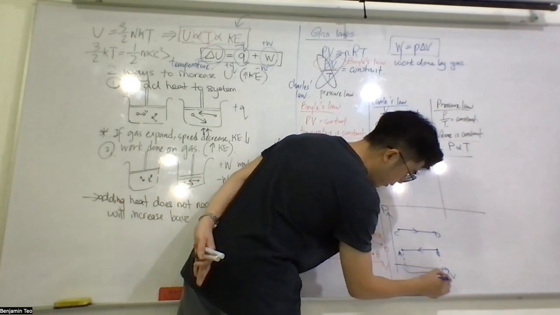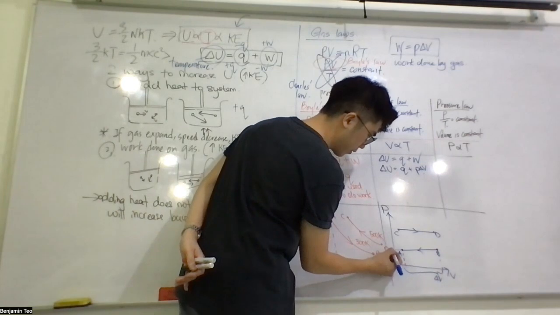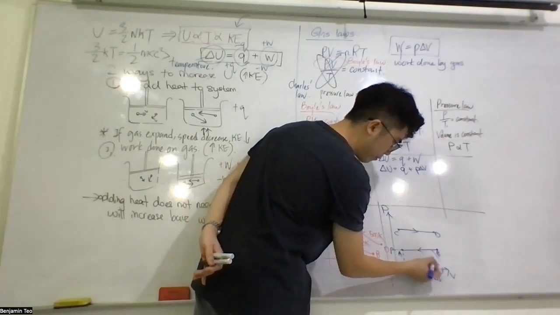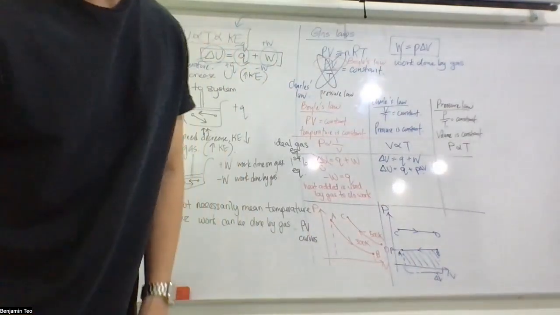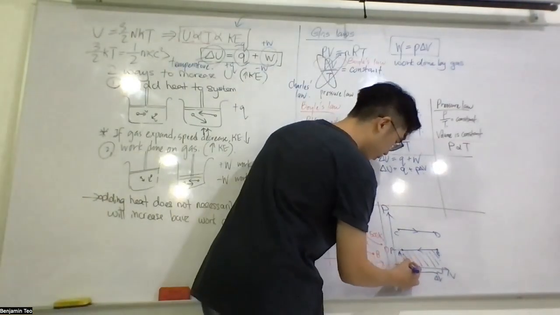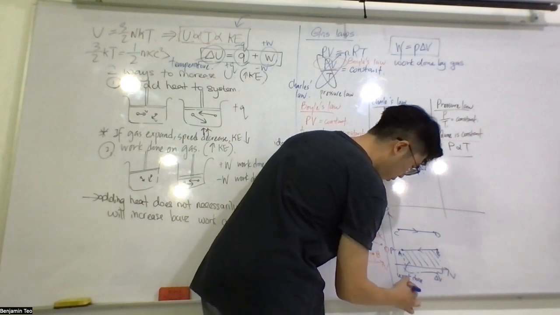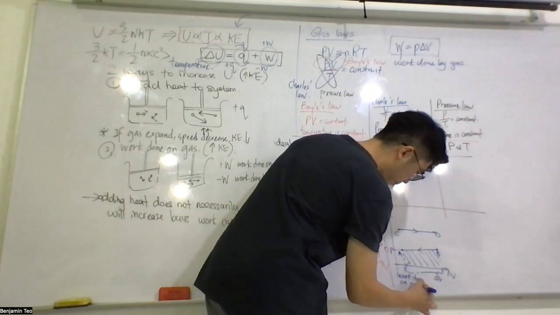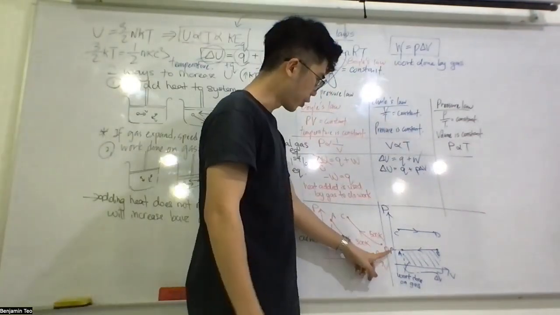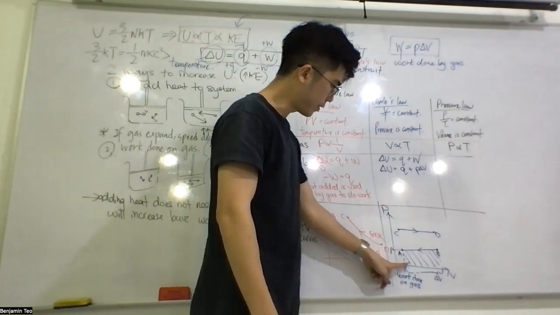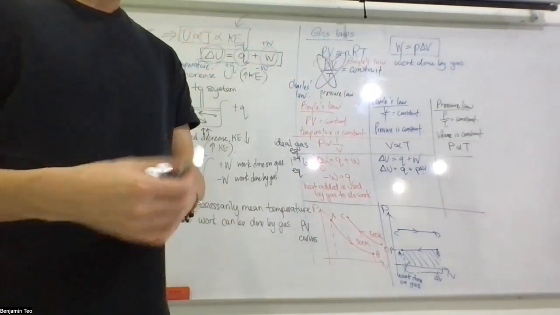Here is delta V, this is P. So basically the area of the graph is the work done on the gas. The area under the graph, so P times delta V, that is work done.